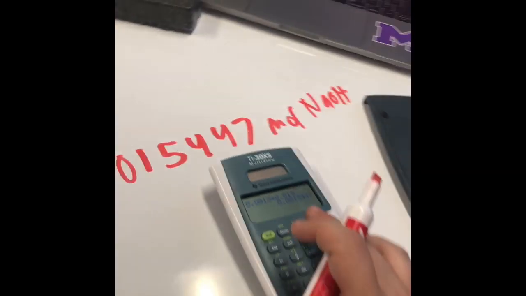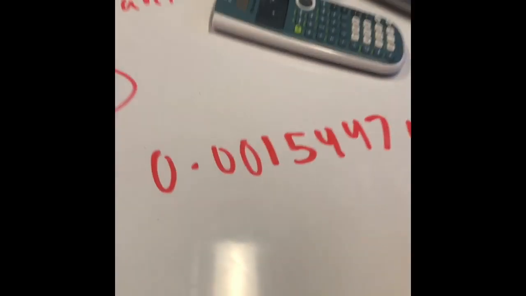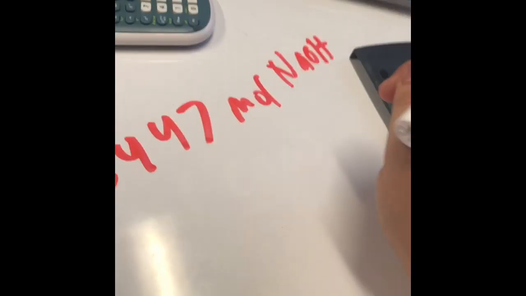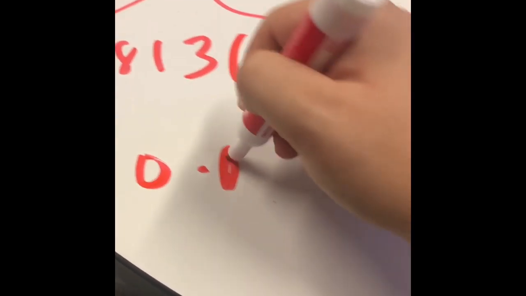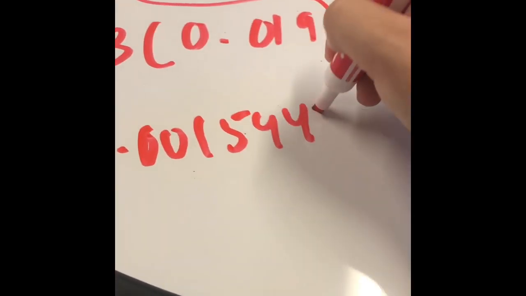So we're looking for citric acid, so we have to convert this to moles of citric acid. So then we're going to do 0.0015447 mole NaOH.